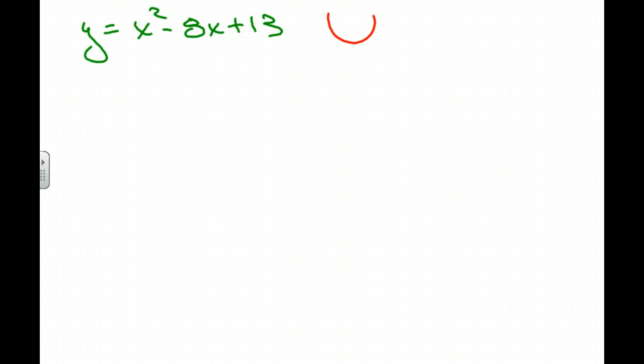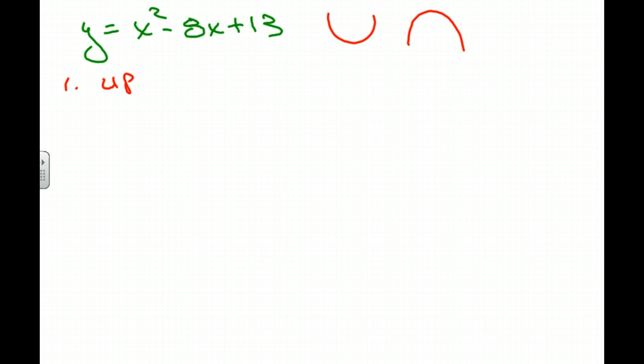You have a negative outlook on life, you're a grump. Okay? So, kind of helps, positive and negative. Helps you remember whether it opens up or down. This opens up, this opens down. Okay? So that's not too bad. First part of the puzzle already solved. So this one we know opens up. So that part's done.